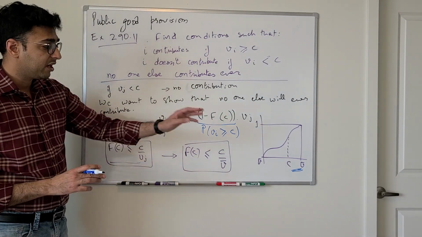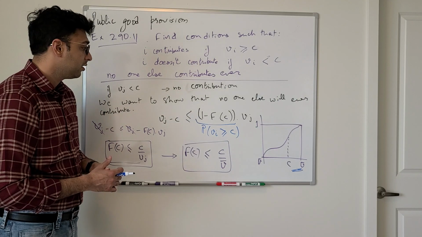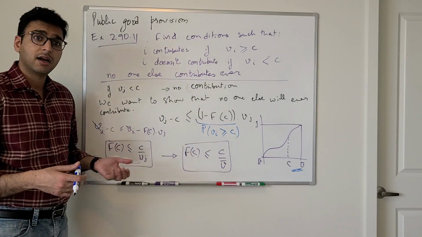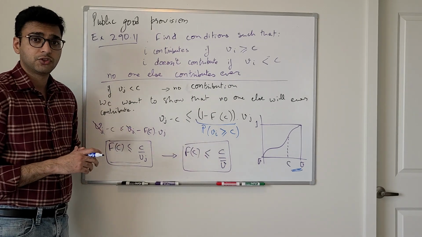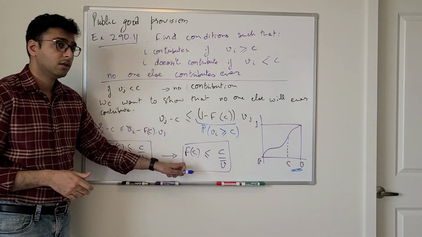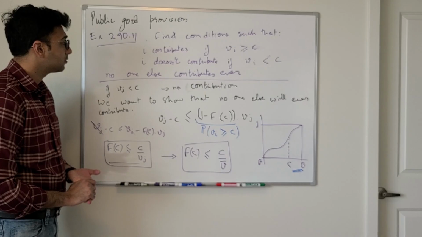And if the valuation of player I is between C and V upper bar, then player I is more likely to contribute. And so what this restriction means is that, as long as player I is likely enough to contribute, all other players can just chill. They don't need to do anything to get the public good. Player I will alone be willing to contribute towards it.